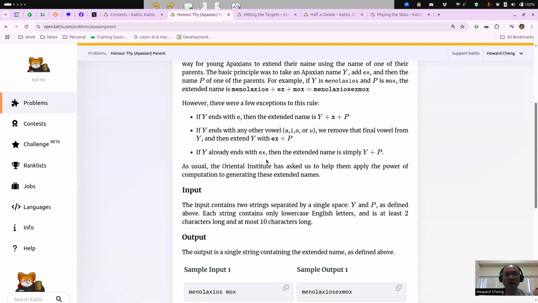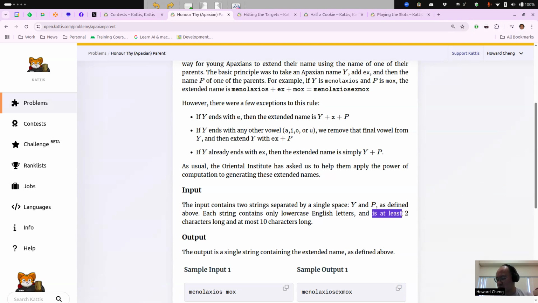If Y already ends with EX, then you don't add the EX. So basically, you just have to check for all these exceptions and then work on it. Now, another thing that's important is that all these strings are only lowercase English letters and at least two characters long.